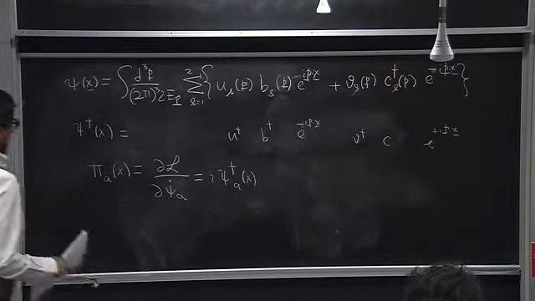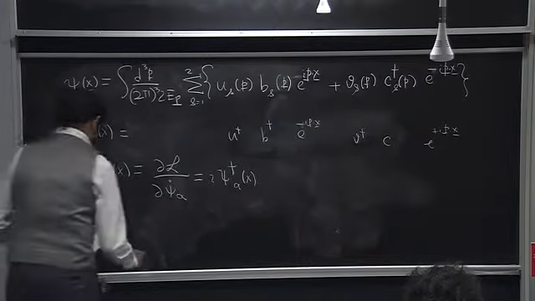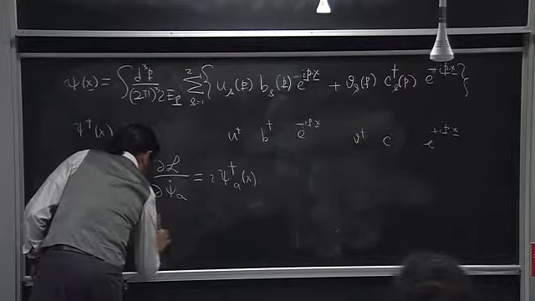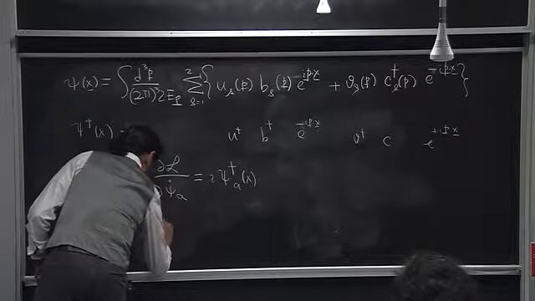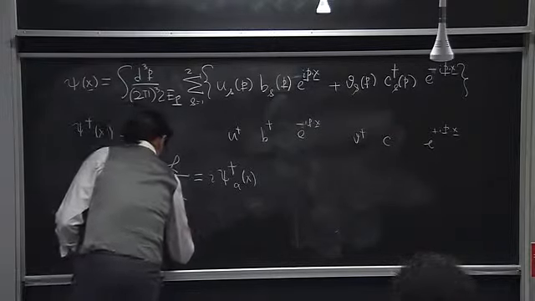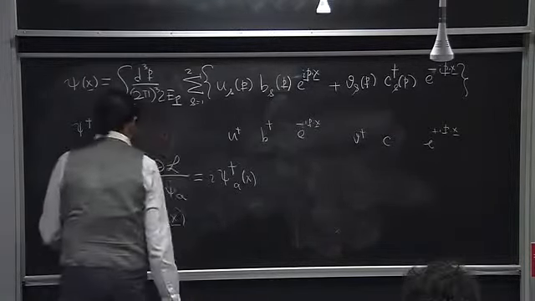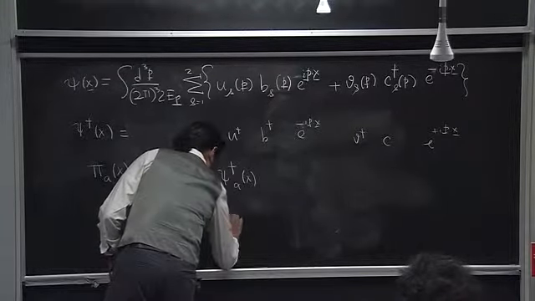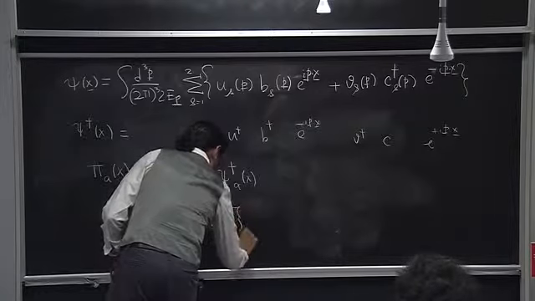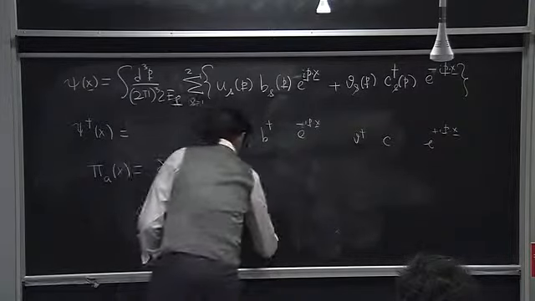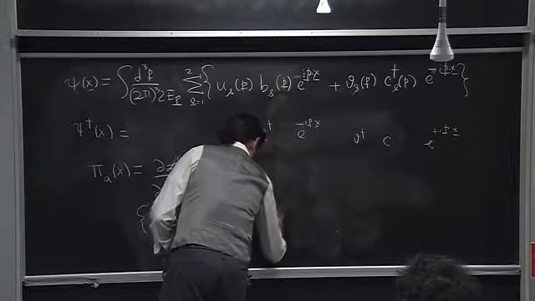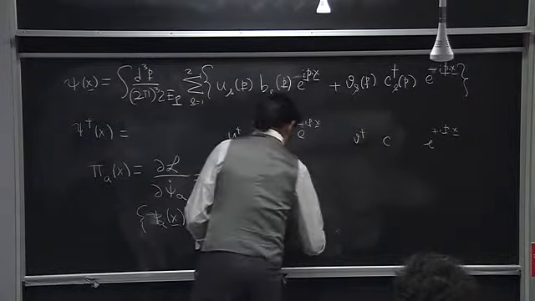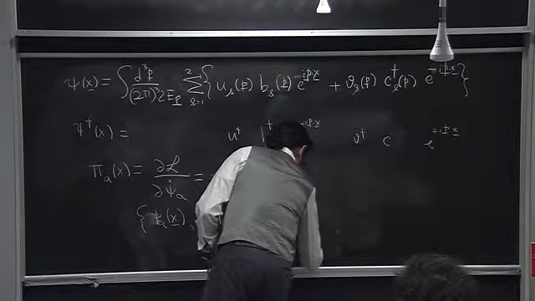Then instead of the usual commutation relationships, we're going to impose equal time anti-commutation relationships. I'm just putting in the factor of h bar for a moment.